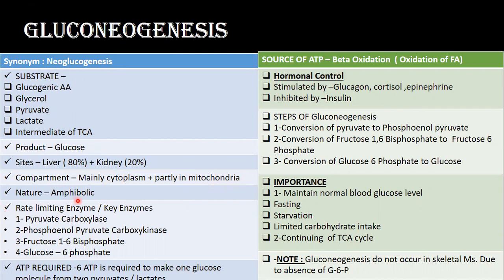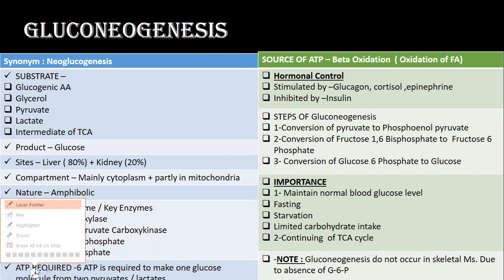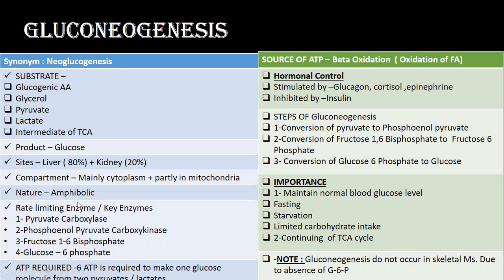It is amphibolic pathway. It is not amphibolic. Make a correction: it is an anabolic pathway. Then the rate limiting enzymes are pyruvate carboxylase, phosphoenolpyruvate carboxykinase, fructose 1,6-bisphosphatase, and glucose 6-phosphatase.